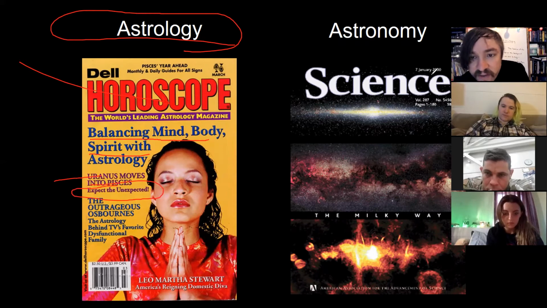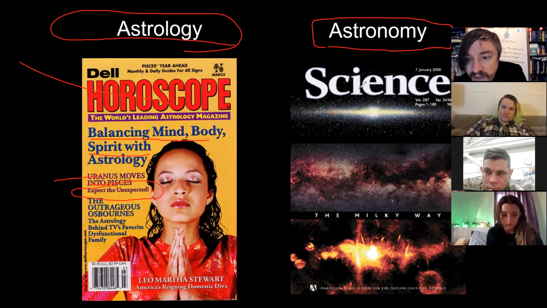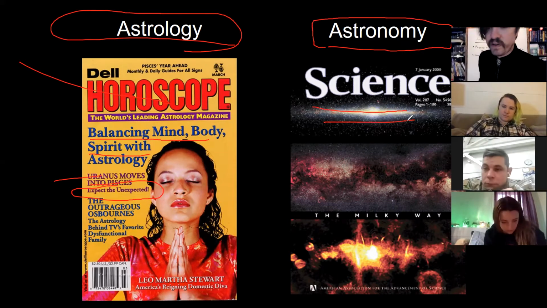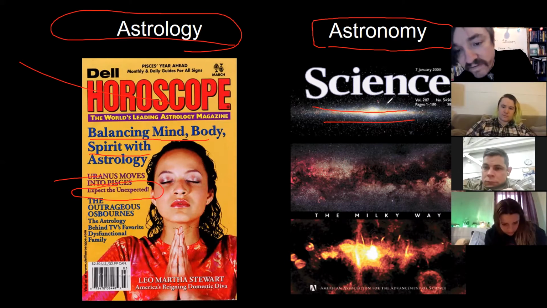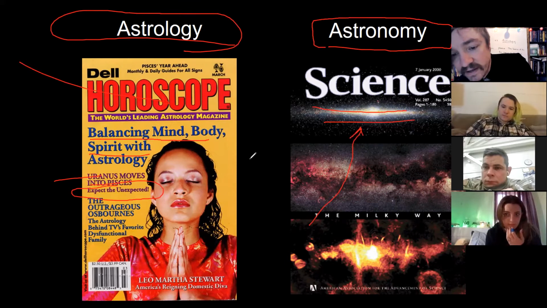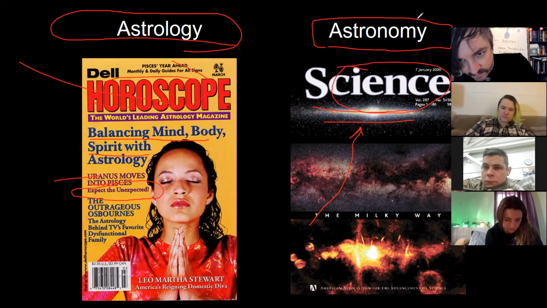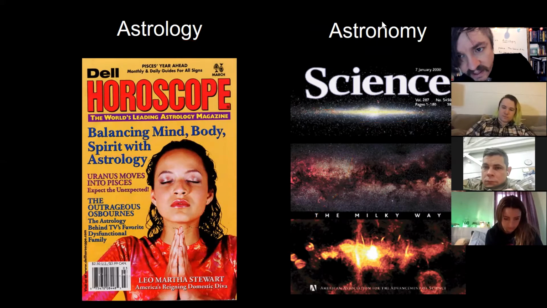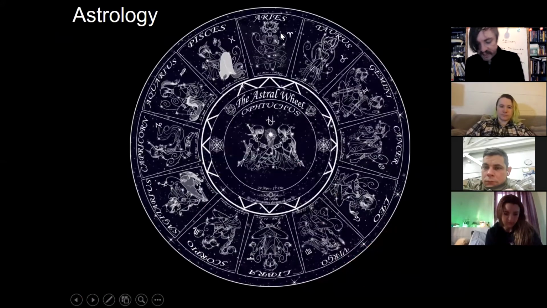On the other hand, you can read articles about astronomy in what's called a peer-reviewed journal, such as Science or Nature or the Astrophysical Journal. These are more expensive magazines that take a little more training to learn how to read. And the threshold for publication is different as well. It's much harder to get an article published in Science than in Dell Horoscope.